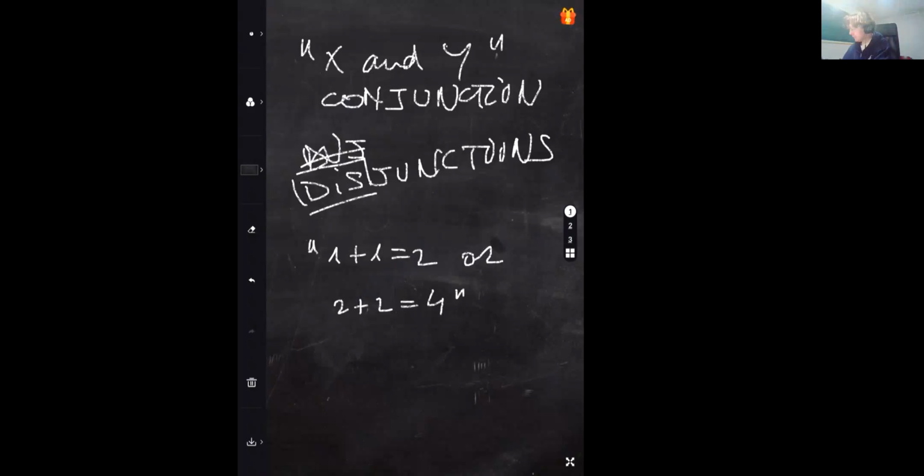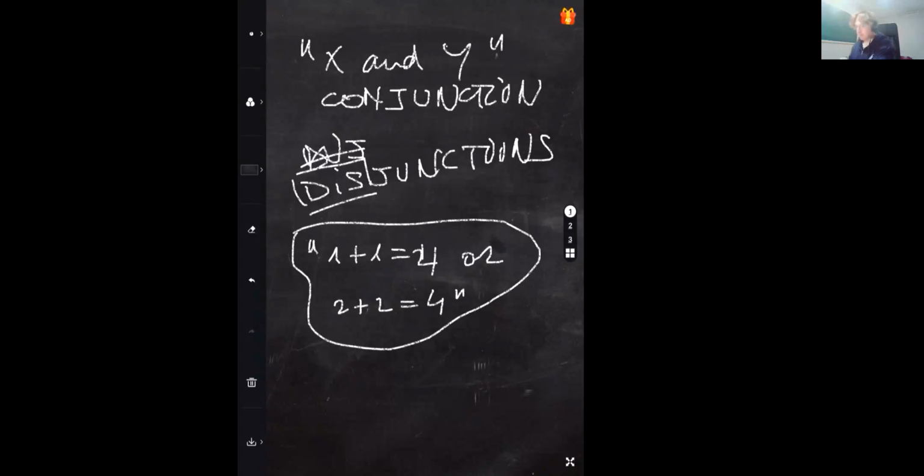But say 1 plus 1 equals 4, or 2 plus 2 equals 4 is not. The whole statement, this disjunction, is not true.